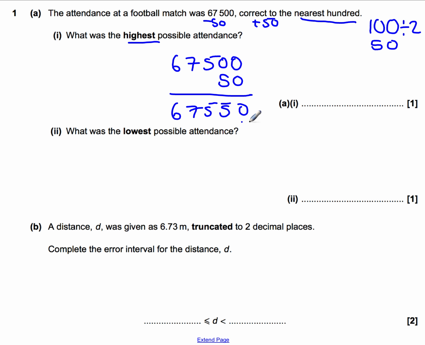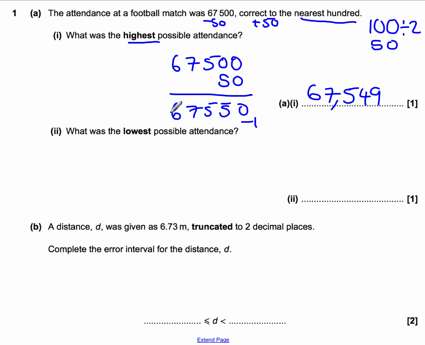So we take one off, because it hasn't asked for the upper bound, it's asked for the highest possible value, that would be 67,549. If it was a bounds question, however, then we would use 67,550 as the upper bound value.